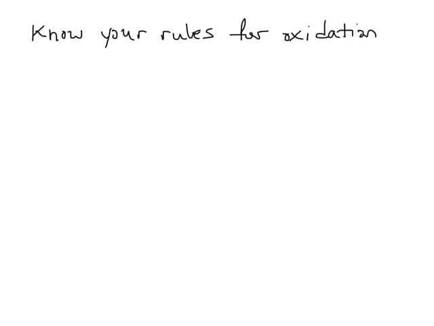Now, to understand where the electrons are going in a chemical reaction, you need to know your rules for oxidation numbers.